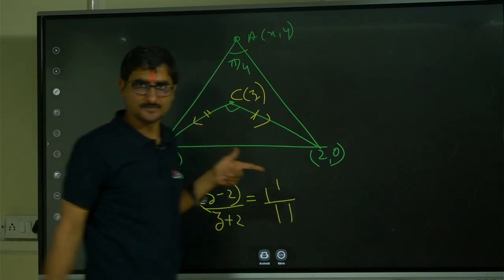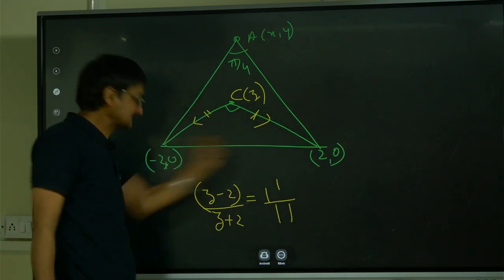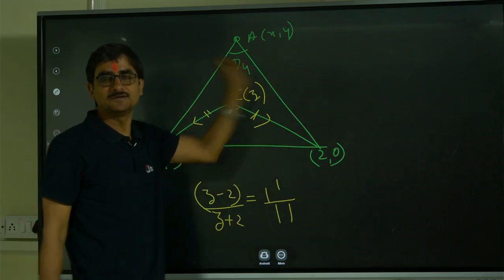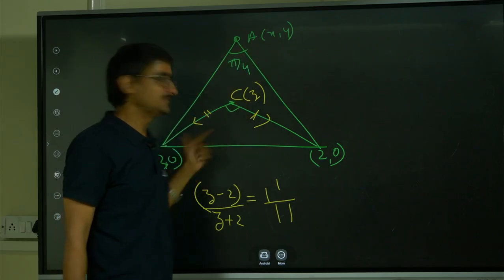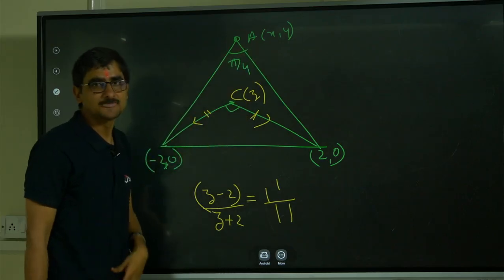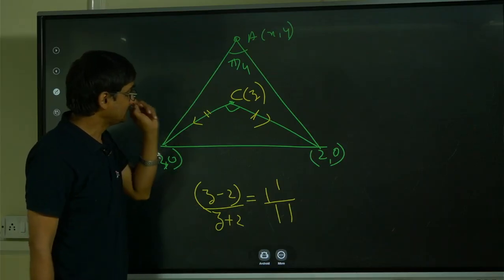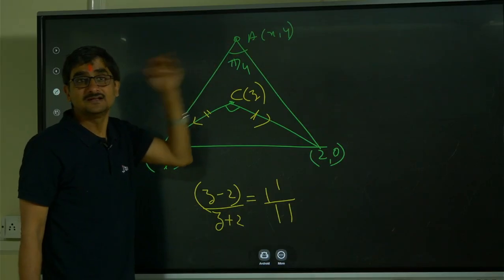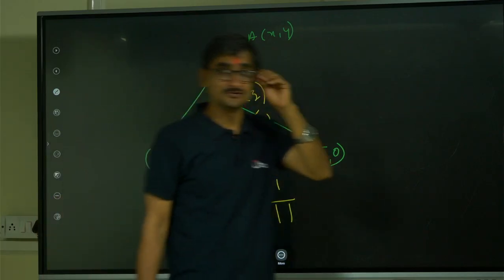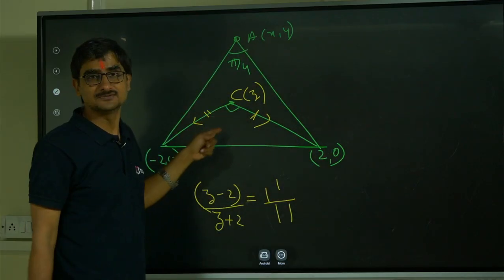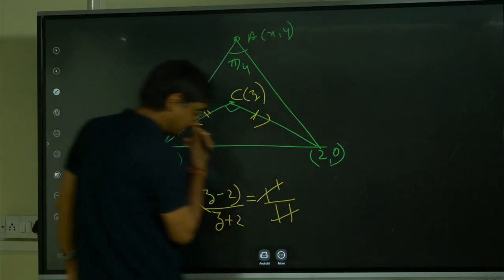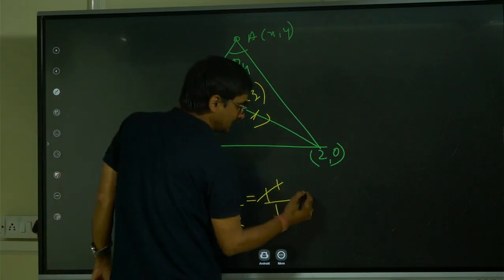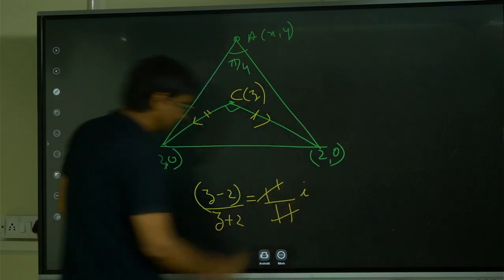I think you people got what I am doing. If a fixed line segment subtends a fixed angle at a point, that point has to move on a circle for which the line segment is a chord. So if the angle at any point on the circle is pi by 4, then at the center it has to be pi by 2. If it is the center, it has to be radius. So this is e raised to power iota pi by 2, cos pi by 2 plus iota sin pi by 2, and that's it.